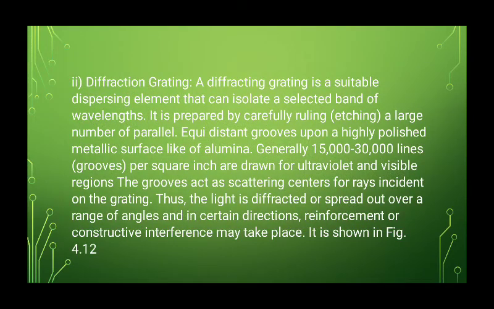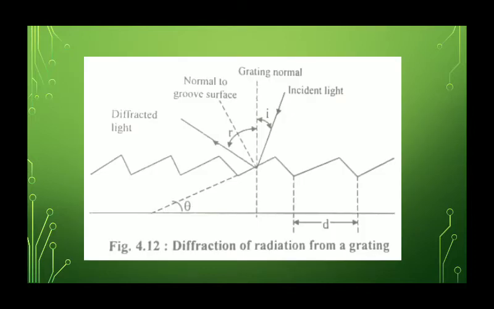Diffraction grating. This is the simple diffraction of radiation from the grating. A diffraction grating is a suitable dispersing element that can isolate a selected band of wavelength. It is prepared by carefully ruling or etching a large number of parallel equidistant grooves upon a highly polished metallic surface like alumina.